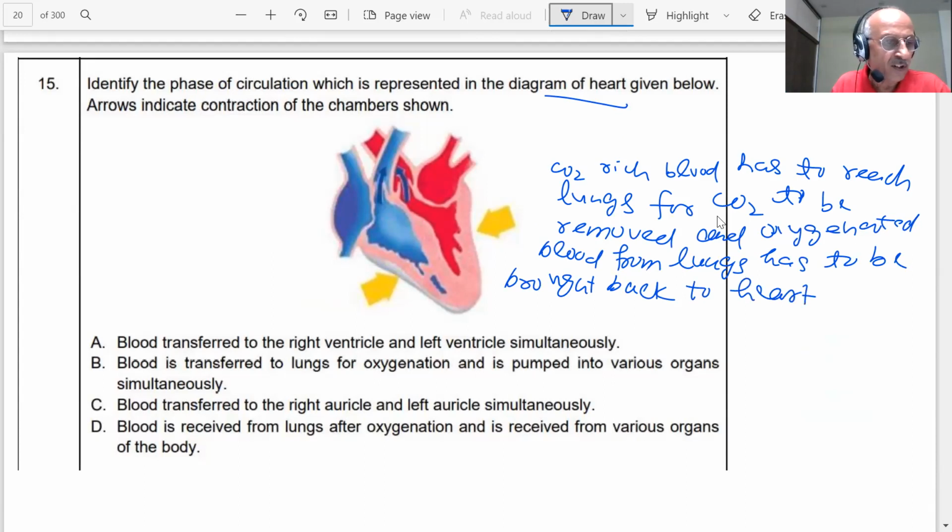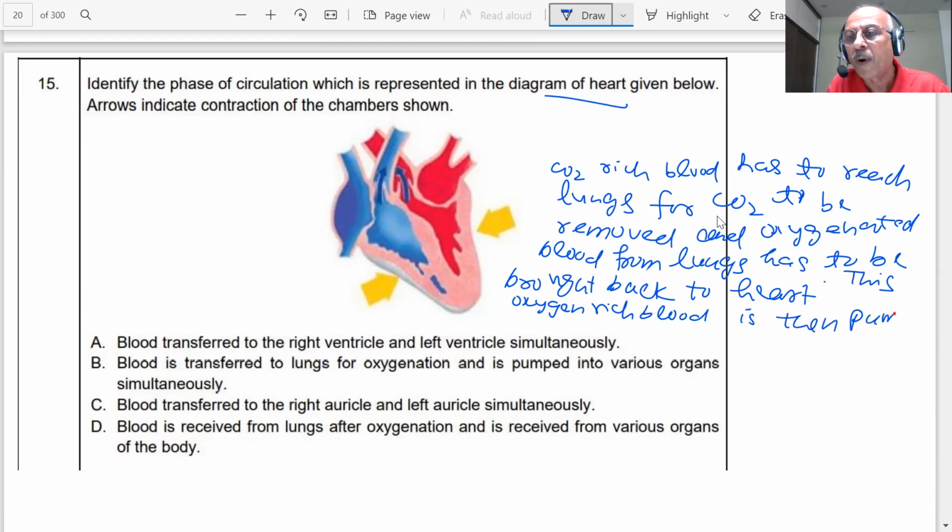This oxygen rich blood is then pumped to the rest of the body. Students, then what is our correct answer?